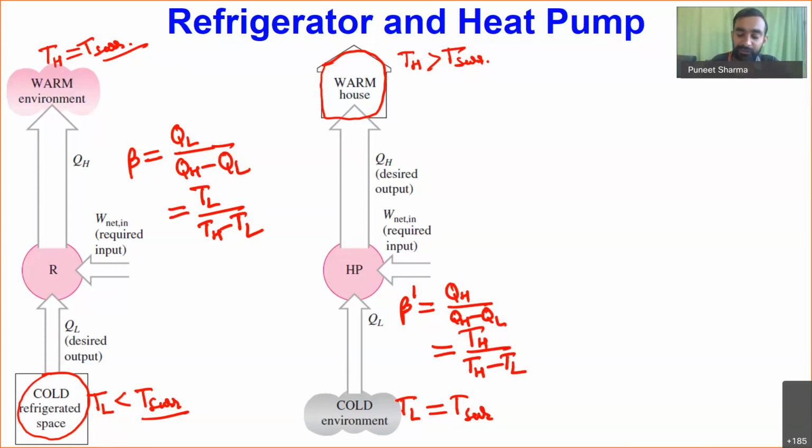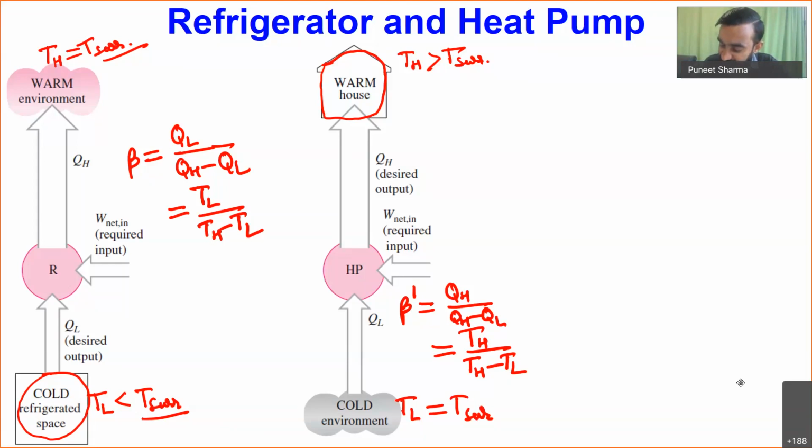Now when we look at the performance or capacity of a refrigerator, for example the fridge in our home, it has a certain capacity. Similarly, an air conditioning unit also has a capacity in terms of what kind or size of room it can maintain at the desired condition.